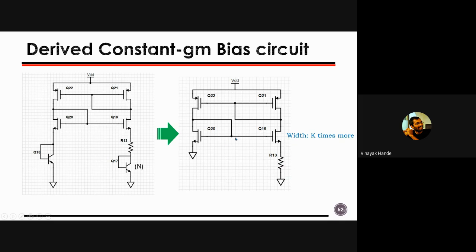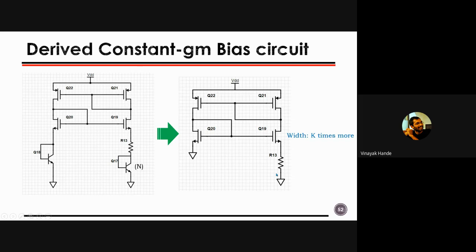Are you getting it? Because if this VGS is suppose 500 millivolt, and this VGS also is 500 millivolt, then there will be no drop across the R3, right? So to accommodate that drop, I can make this 400 millivolt by increasing the width. And because of that I can have the current flowing through the R3.